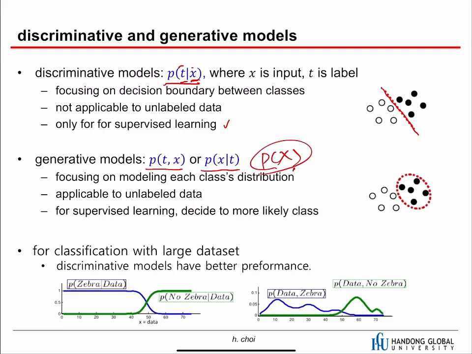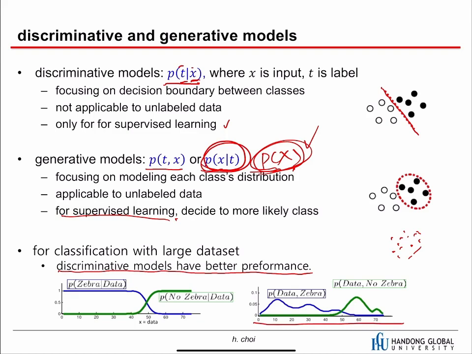So it is applicable to unlabeled data. If we have unlabeled data, then it is something like just one class. We can use this as unsupervised learning, but at the same time, we can apply this for supervised learning, like this. For classification with a large data set, discriminative models have better performance, obviously, because if it is a classification, then discriminative models are better. But when we use generative models for classification, we can use them in this way.